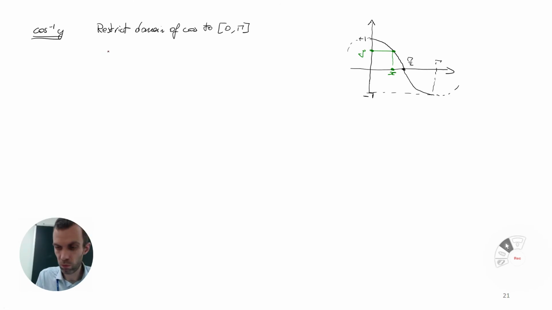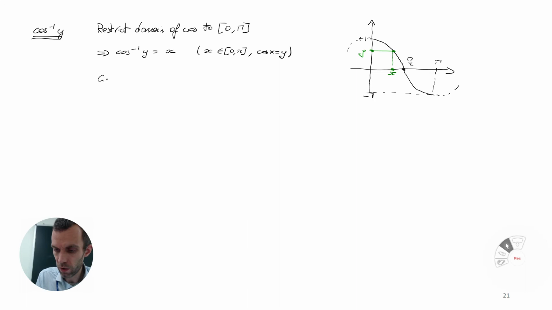And so what we get from that is that, with the notation from the figure, cosine inverse of y is x, and that x has to be in the interval 0, pi, and be such that cosine x is y.